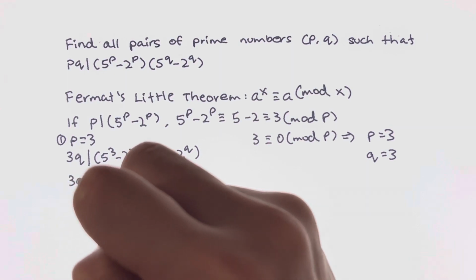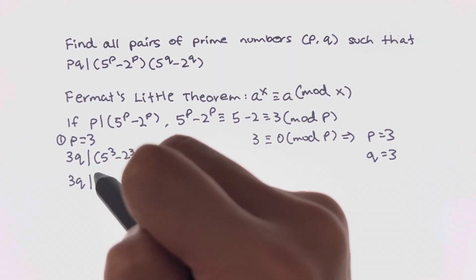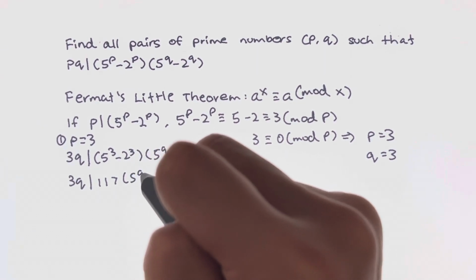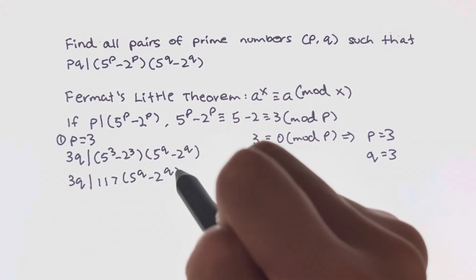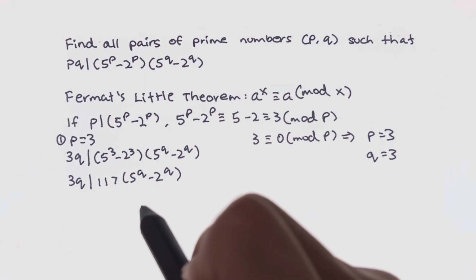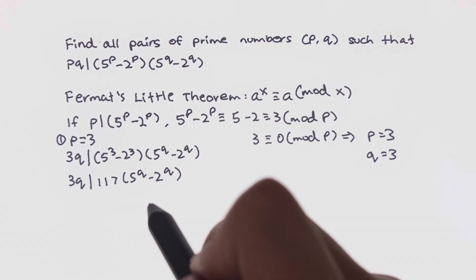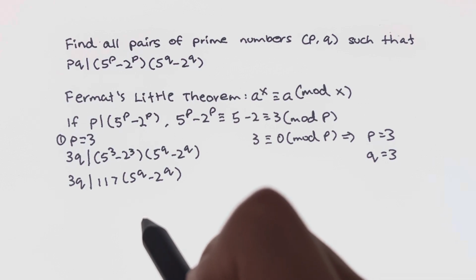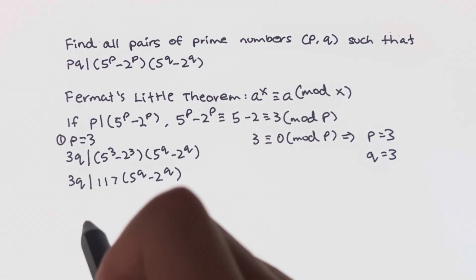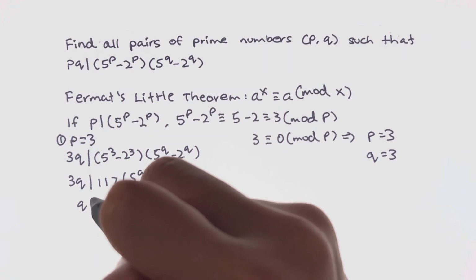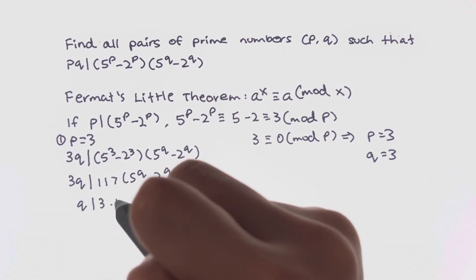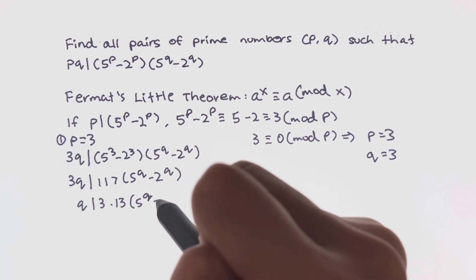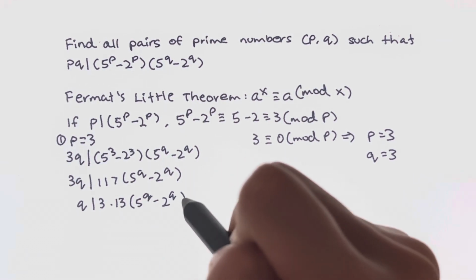So 3q is a factor of 117 times 5 to the power of q minus 2 to the power of q. Since 117 equals 3 squared times 13, we have 3q is a factor of 3 squared times 13 times 5 to the power of q minus 2 to the power of q. Dividing by 3 on both sides, we get q is a factor of 3 times 13 times 5 to the power of q minus 2 to the power of q.